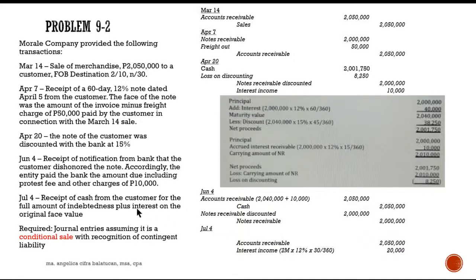Ang iyang interest is based on the face value nga 2 million ug dili sa 2,050,000 kay nag-statement sa problem nga based on original face value siya dili sa total amount due. Kay kung based pa siya sa total amount due, kaniya to ang gamiton. 2,050,000 times 12% times 30 over 360. But again, since it's based on original face value, so based siya sa 2 million.